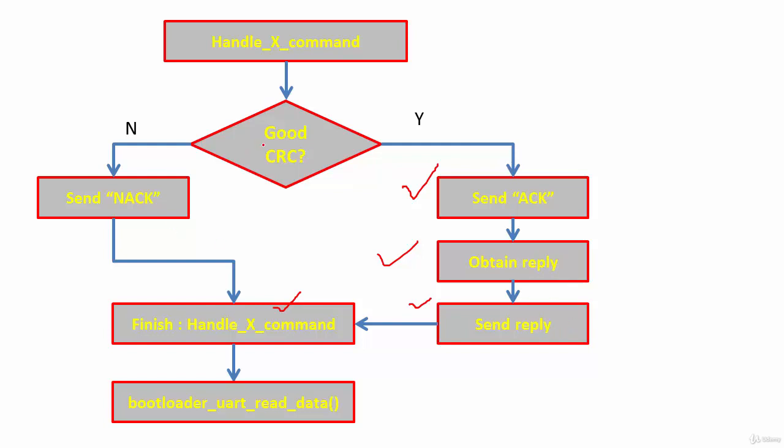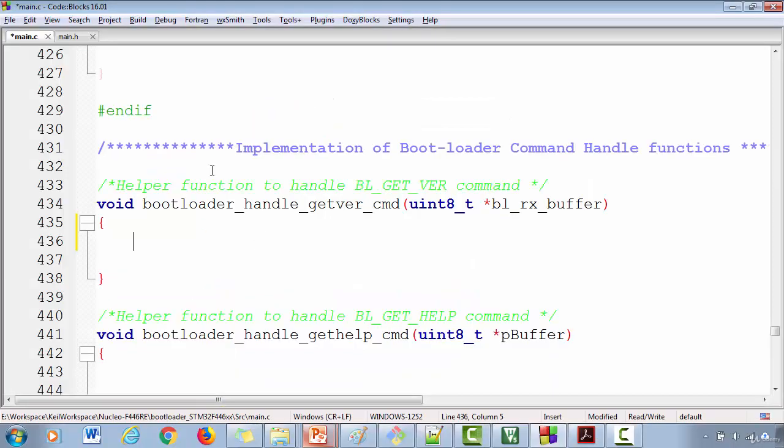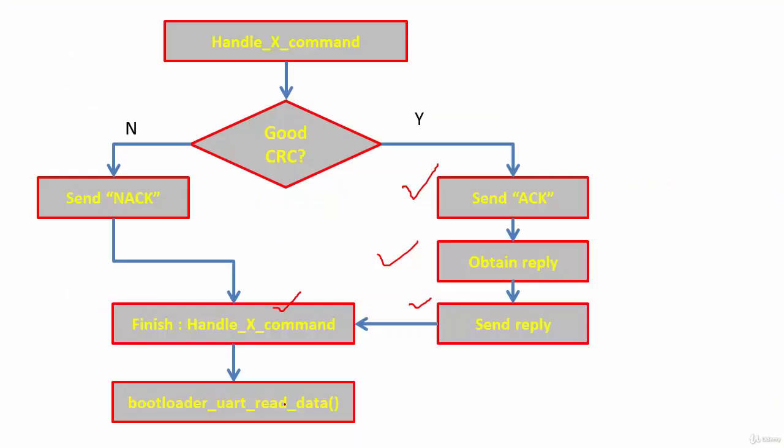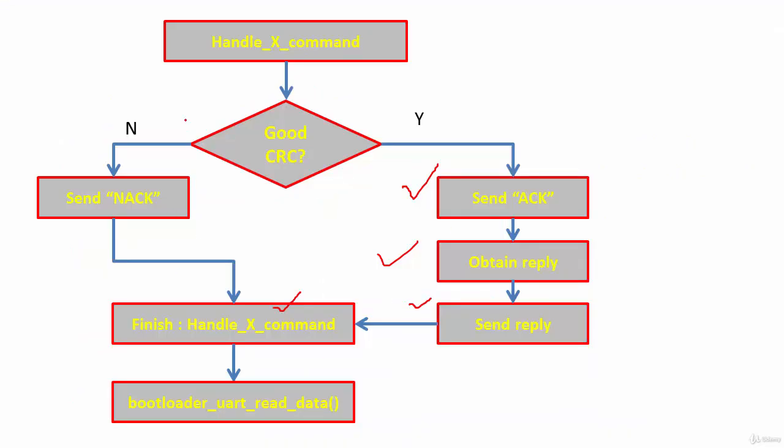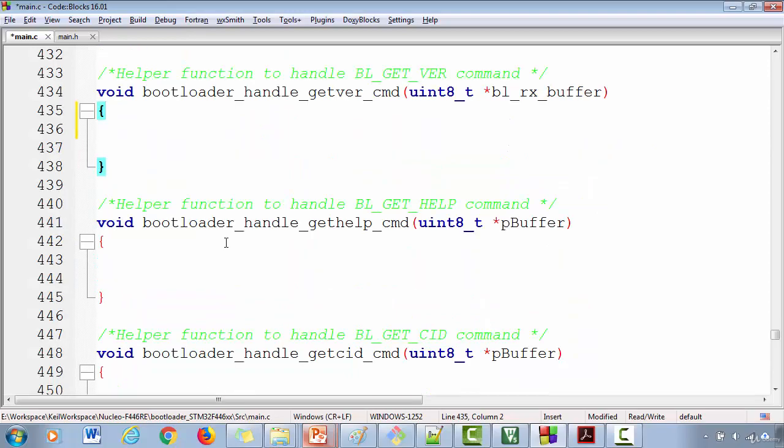If the CRC is bad, then send NACK and return from this function, and you go back to the bootloader UART read data function. All right, great. So now let's implement this flowchart for every command handle function.